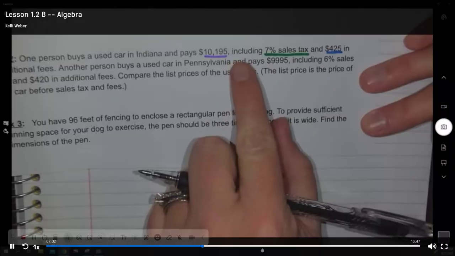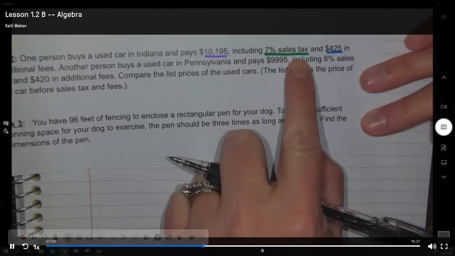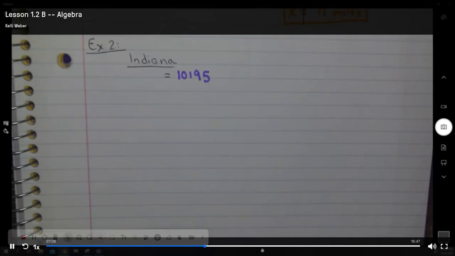This is including 7% sales tax. So whenever you buy something with tax, you have to pay 7% of the total amount.